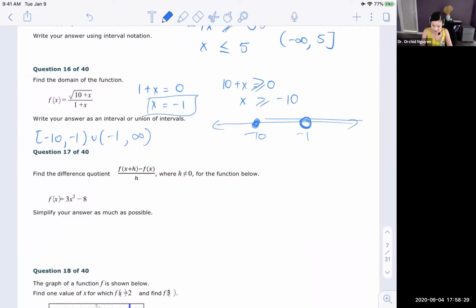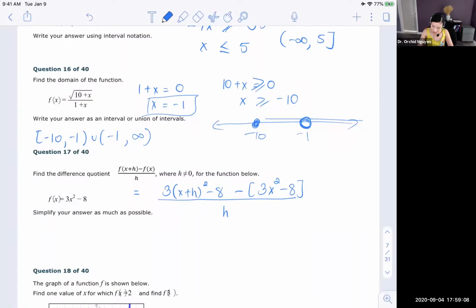So what I have in here, for this one, is 3, instead of x squared, it's going to be x plus h squared minus 8, minus 3x squared minus 8, everything over h.